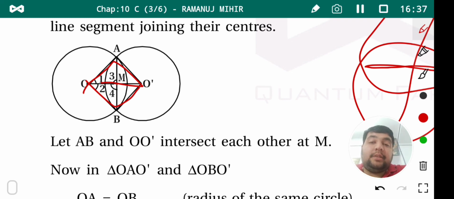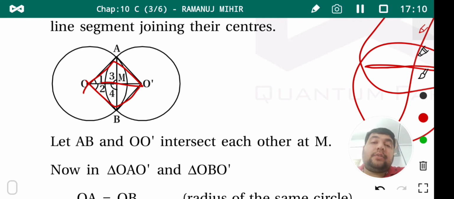So we have to prove both things. First we have to prove it is a bisector, and second that it is perpendicular. If it satisfies both conditions, we can definitely say that this is the line which will pass through the center of the circle.